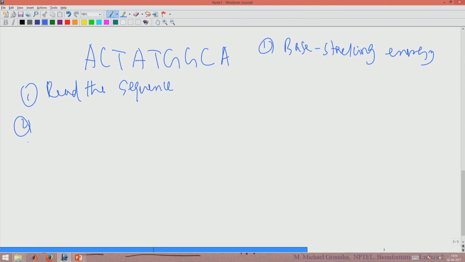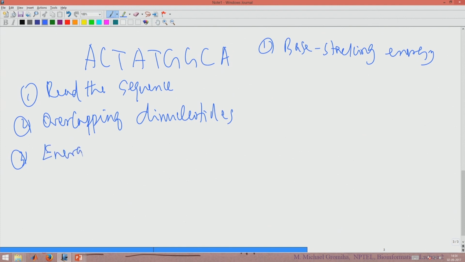Now the overlapping dinucleotides. So, we have the overlapping dinucleotides, and then we need the table, the base stacking energy values for all dinucleotides.